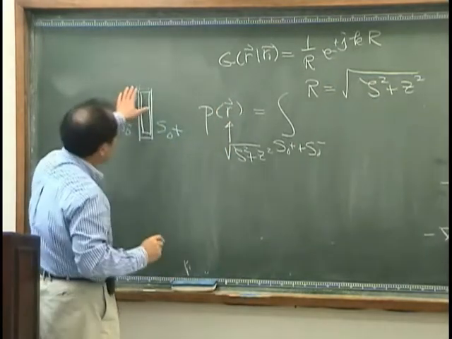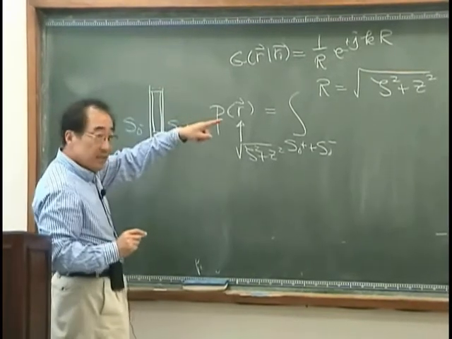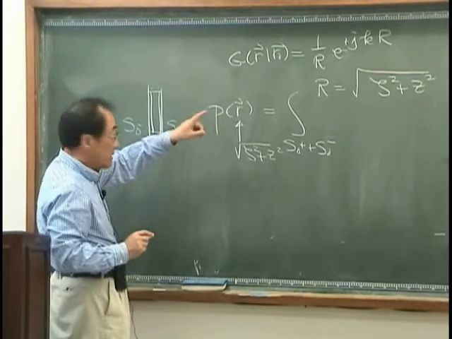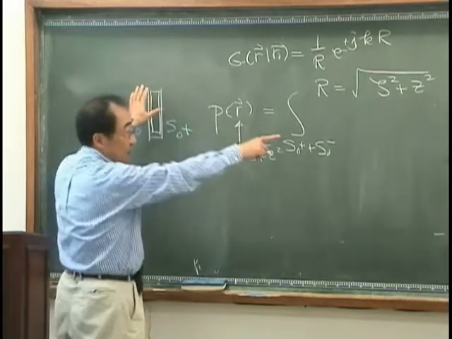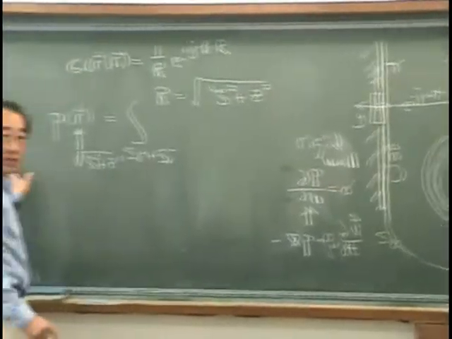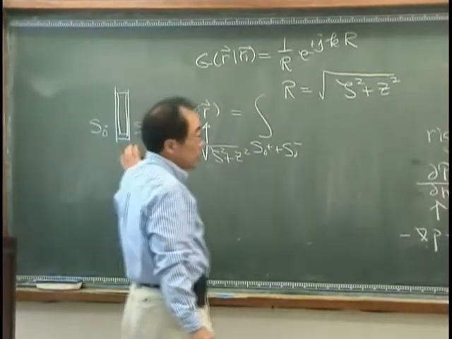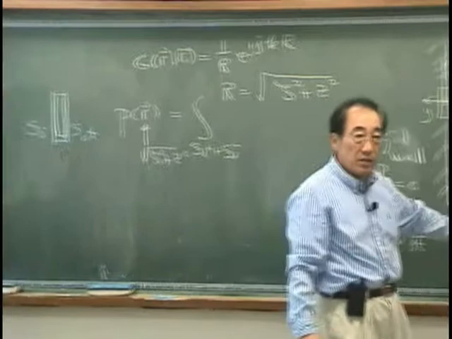That means I am applying that Kirchhoff-Helmholtz integral equation not in this surface, but in this surface. Why is this integration the same as this integration?